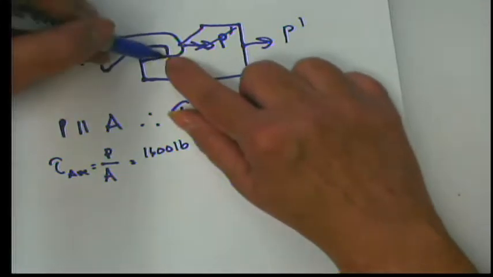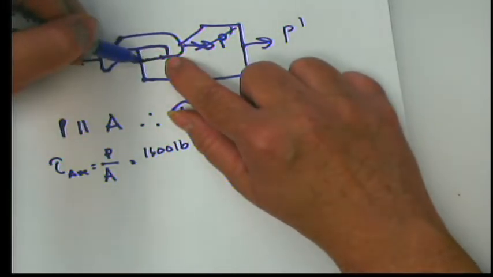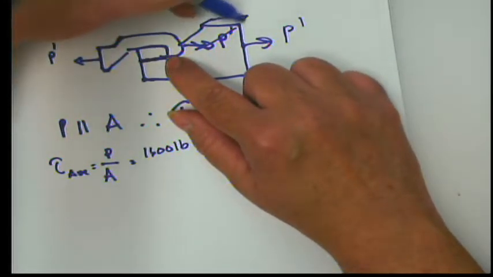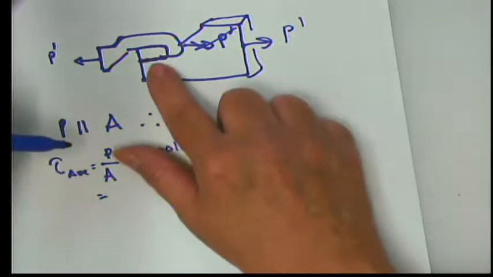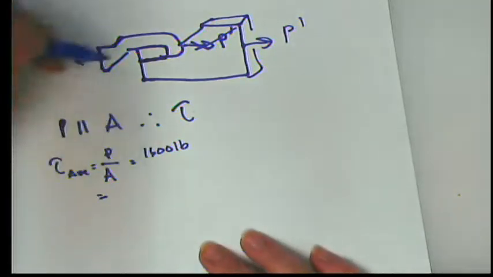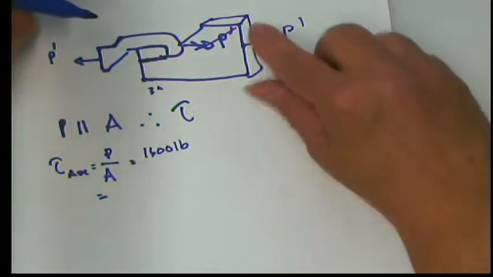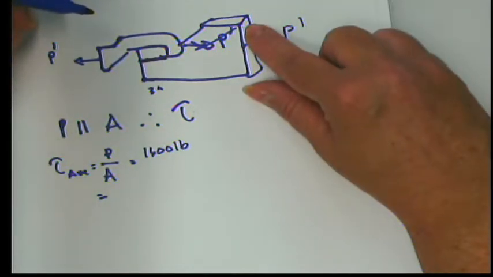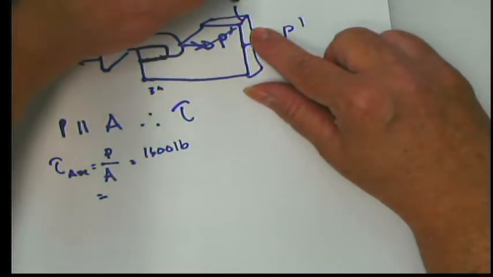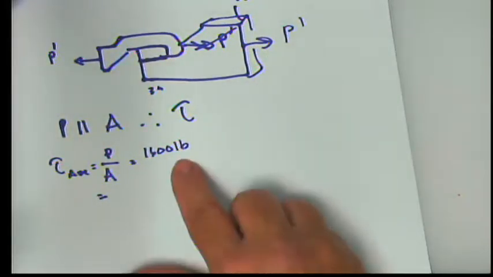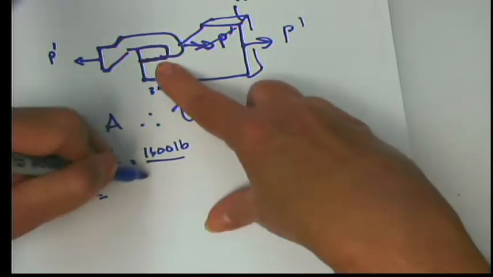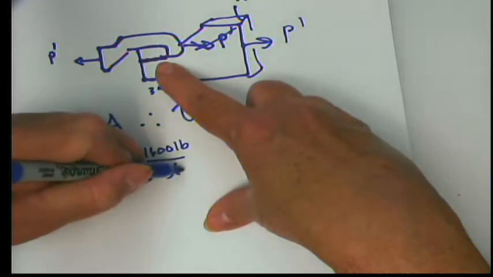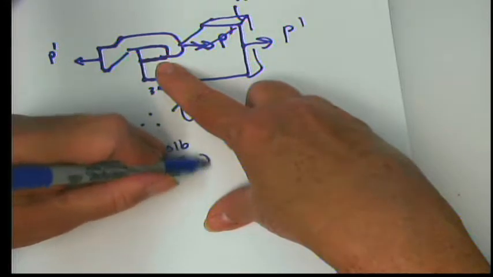Okay, well, they tell us that it fails on this line, and that goes back, the wood goes back a certain thickness, doesn't it? So the area is actually this distance, which we're told is 3 inches, times how far it goes back, the thickness, which is 0.6 inches. So here, the area is just 3 inches times 0.6 inches.